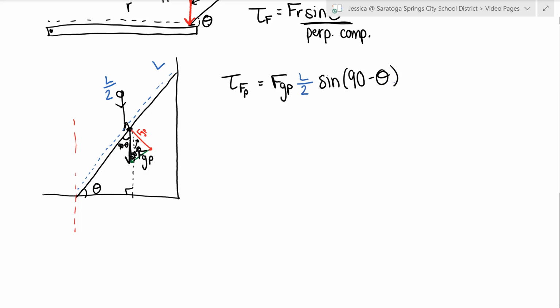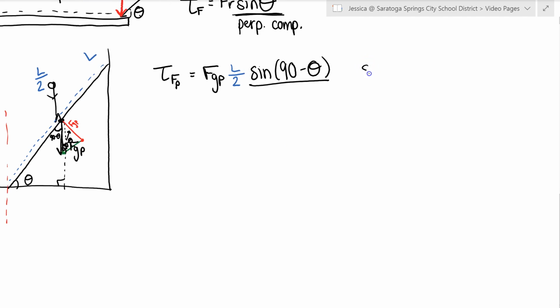But here's the thing that the AP exam loves to do. This is sort of ugly. It's not really simplified. So what the AP exam will ask you to do is remember that the sine of 90 minus theta is equal to the cosine of theta. An example of that would be the sine of 60 is equal to the cosine of 30.